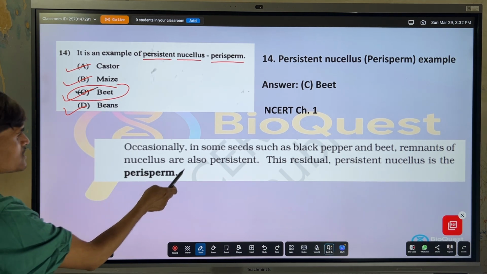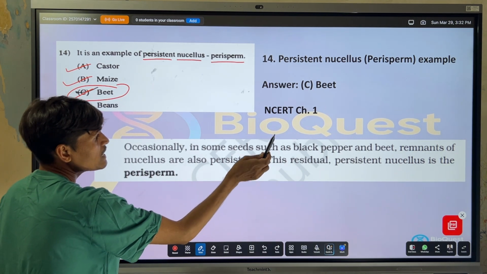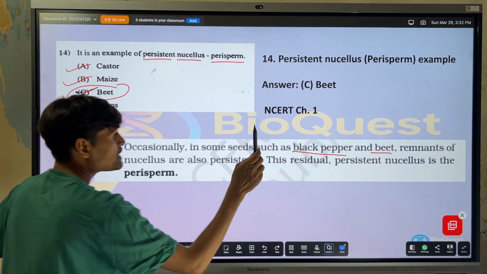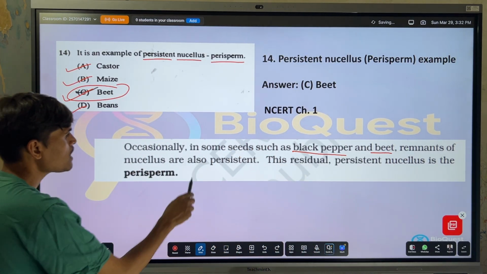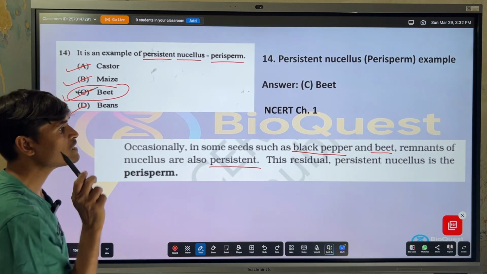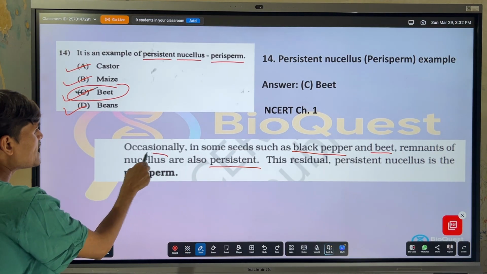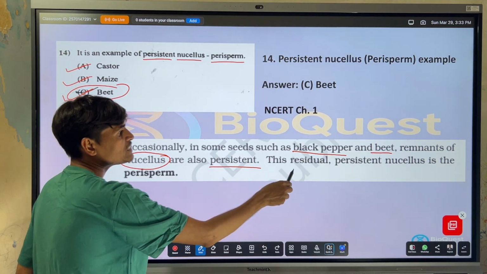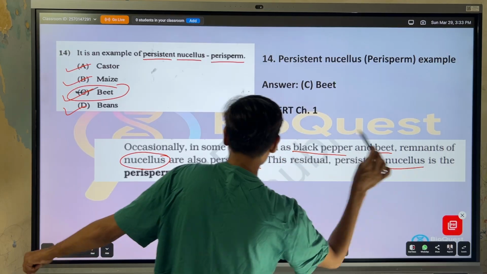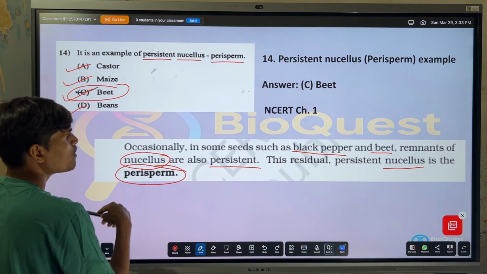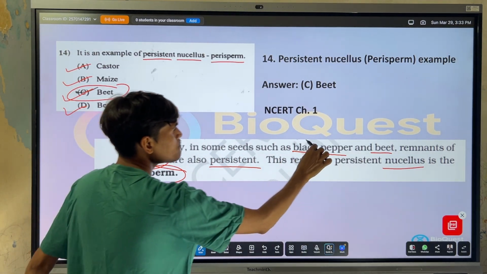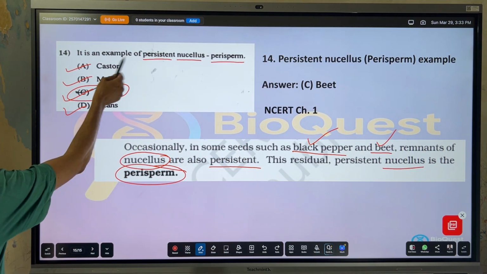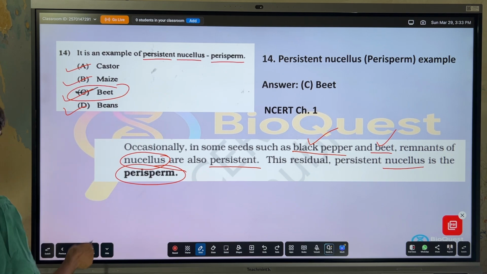But from here you can see some seeds such as black pepper and beet, the remnant of nucellus is also persistent. Means we can see the nucellus in those seeds. This residual persistent nucellus is called perisperm. So we can see perisperm in black pepper and beet. So answer is C, beet.